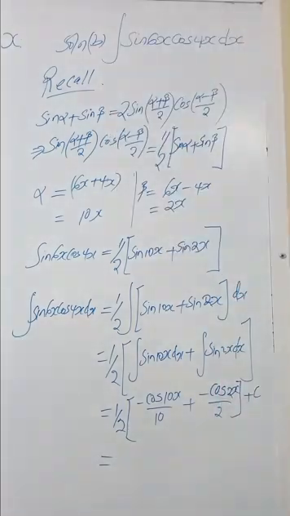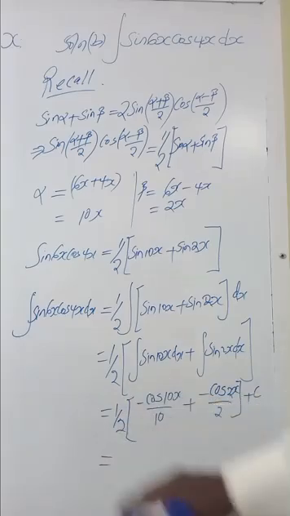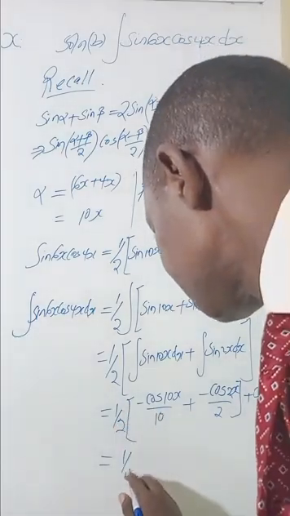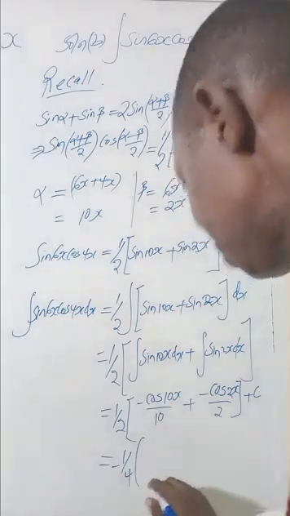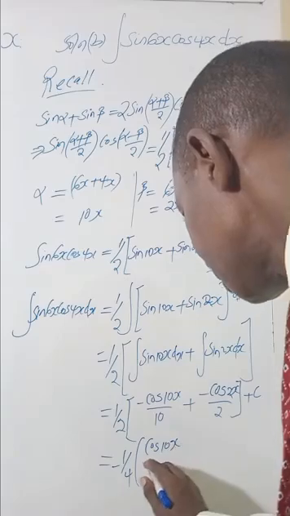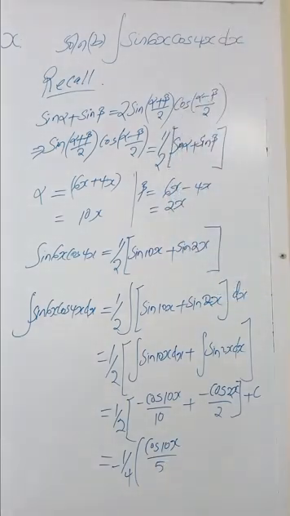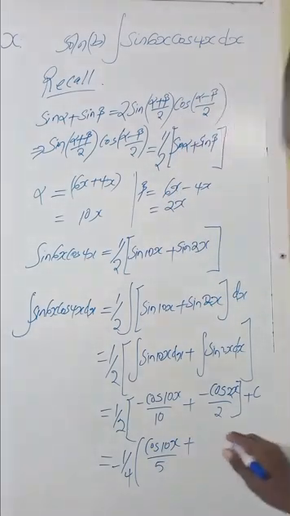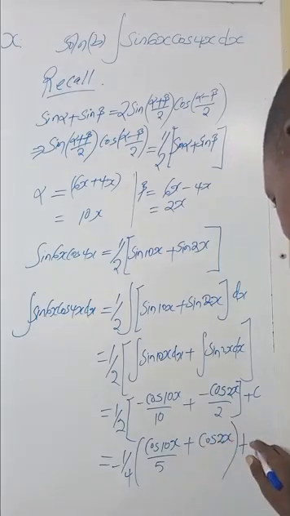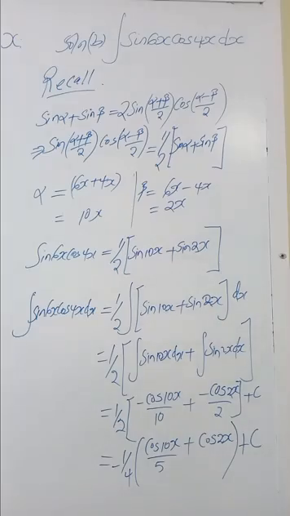Taking out the 2, we let the half come in, and we shall have negative 1 over 4 bracket cos 10x divided by 5 plus cos 2x, then we add the arbitrary constant.